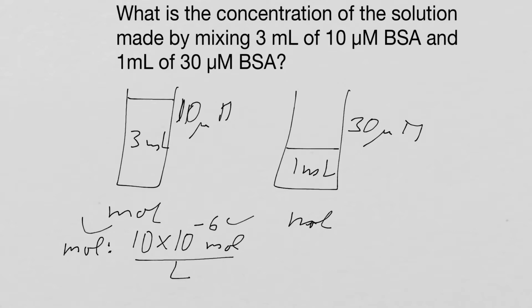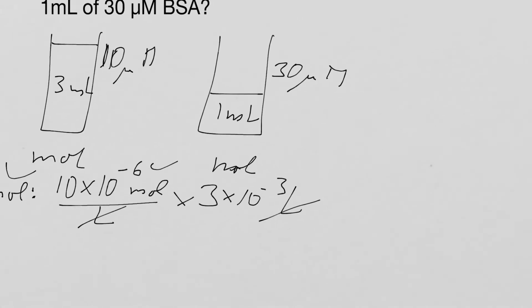Mole is good. Now we need to get rid of the liter. So times 3 times 10 to the minus 3 liter. That's this part here. Liter cancels out. And we have basically 3 times 10, that's 30. 10 to the minus 6 times 10 to the minus 3 gives?